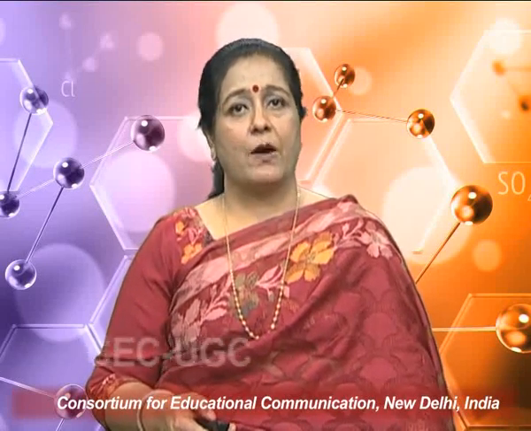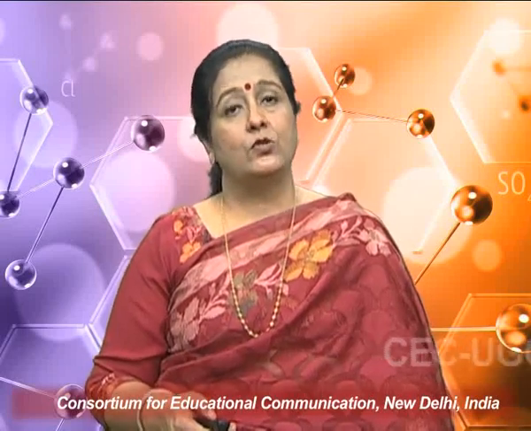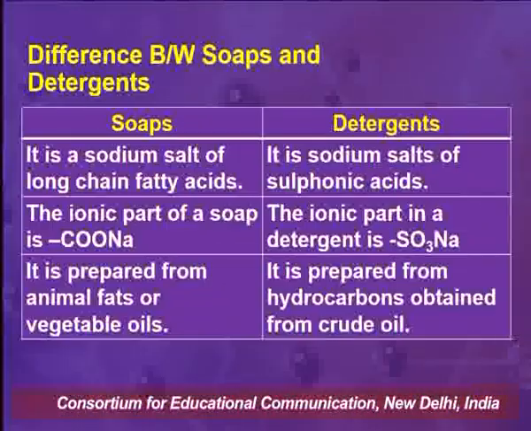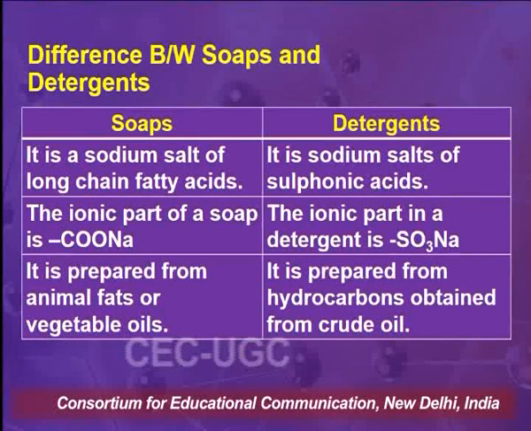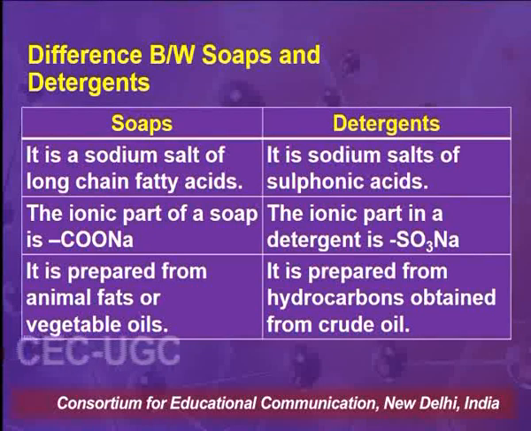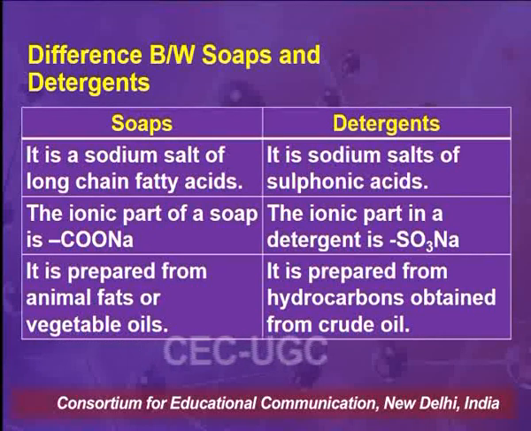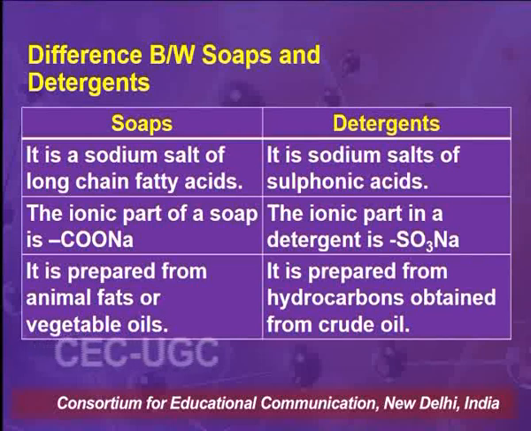Let us talk about the difference between soaps and detergents. Soaps are the sodium salts of long chain fatty acids, whereas detergents are the sodium salts of sulfonic acids. The ionic part of the soap is COONa, whereas that of detergent is SO3Na. Soaps are prepared from animal fats or vegetable oils, whereas detergents are prepared from hydrocarbons obtained from crude oil.